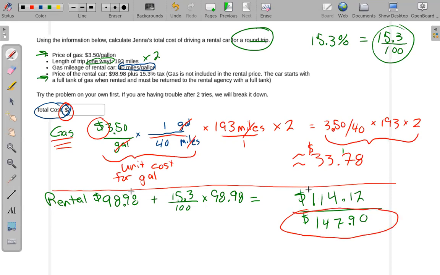So that's the cost of the rental plus tax on the rental plus gas. Again, unit analysis there.